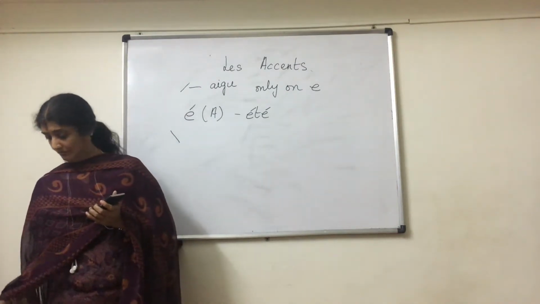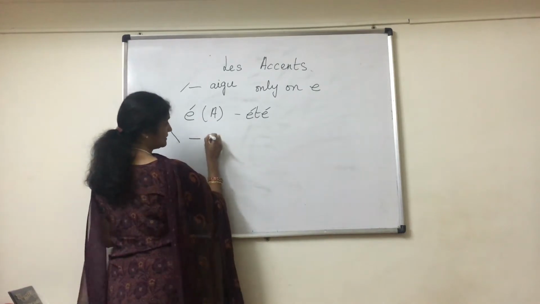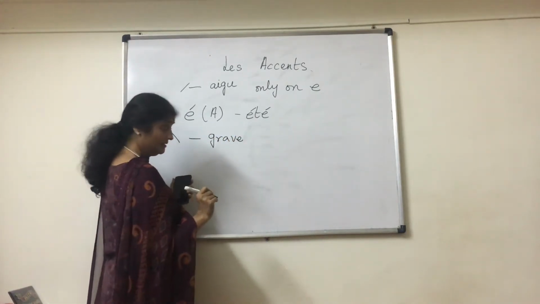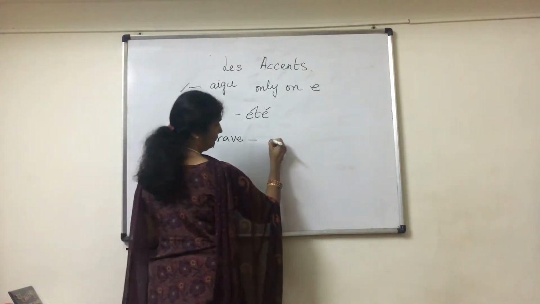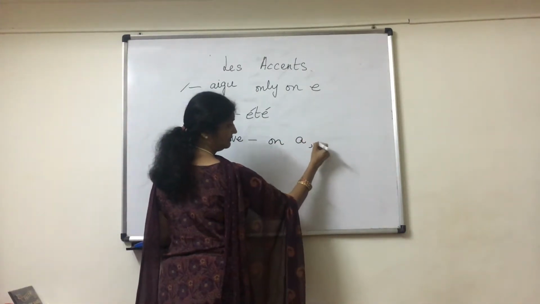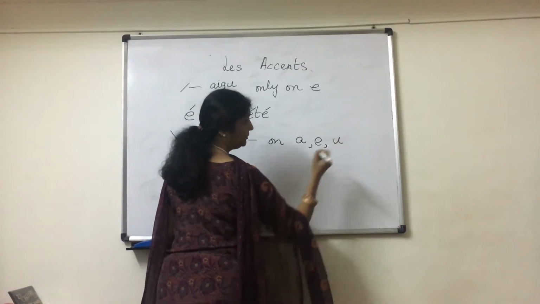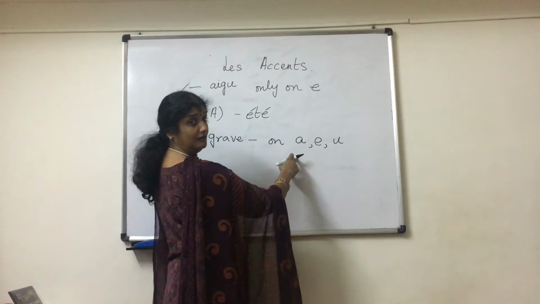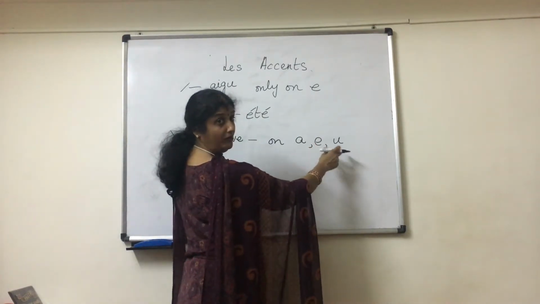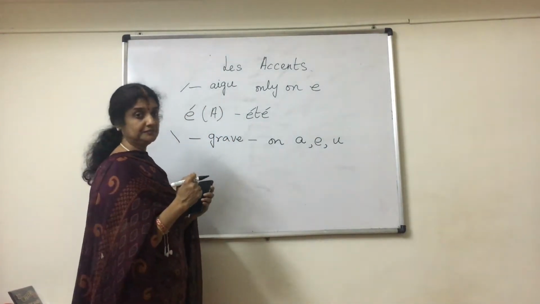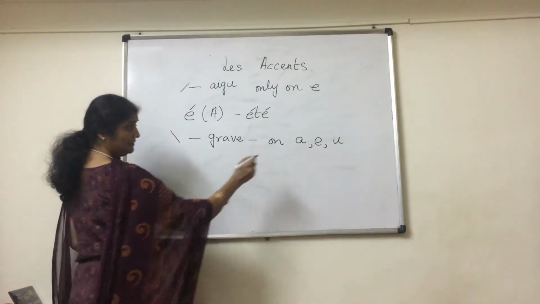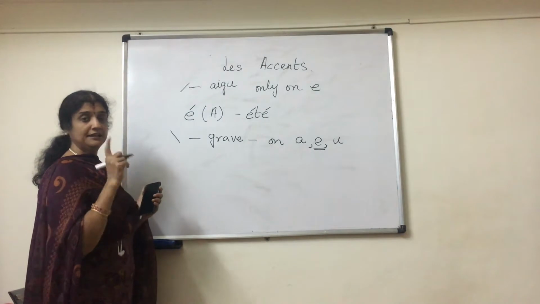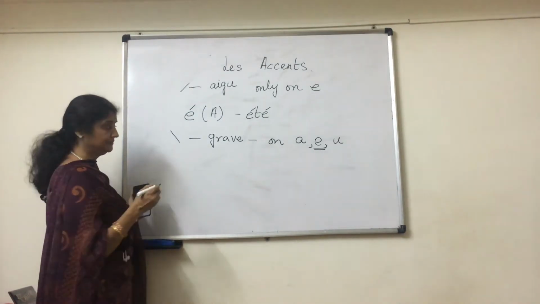And this can be written either on a, or on e, or on u. Let me first explain the significance with regard to e. Then I will get back to a and u.